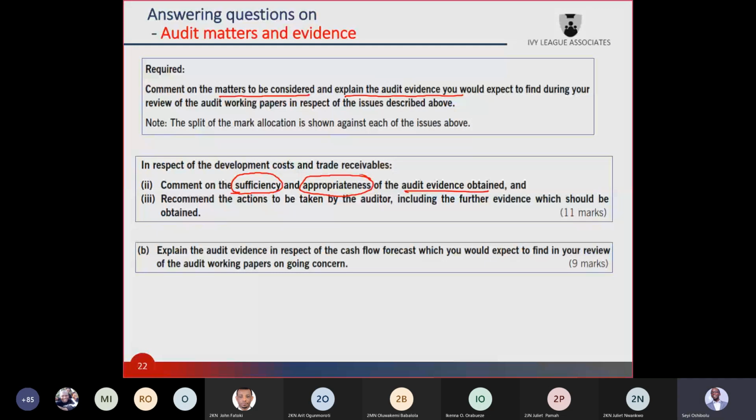For development cost, for example, the team might have agreed the cost incurred on that asset to bank statements, verifying the carrying amount and that the expenditure incurred can be reliably measured. But they've not obtained any evidence regarding scientific trials and the outcome of those tests, which checks technical feasibility.